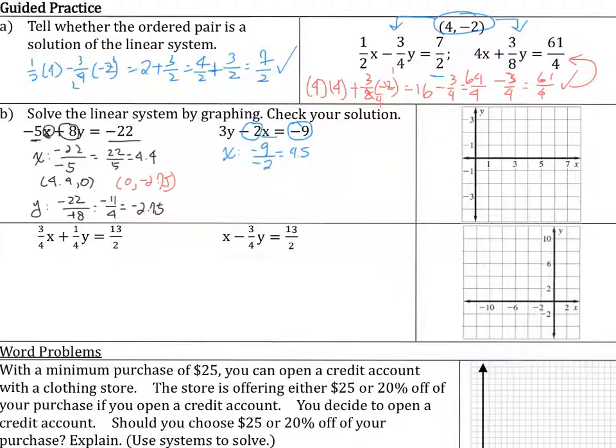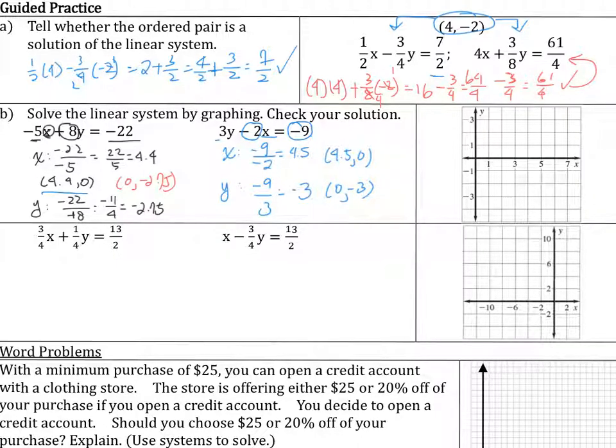So I'm going to write the coordinate (4.5, 0). And for the y-intercept, it will be negative 9 divided by the coefficient of positive 3. This will be negative 3. (0, -3). Okay, I'm going to go ahead and graph both equations.